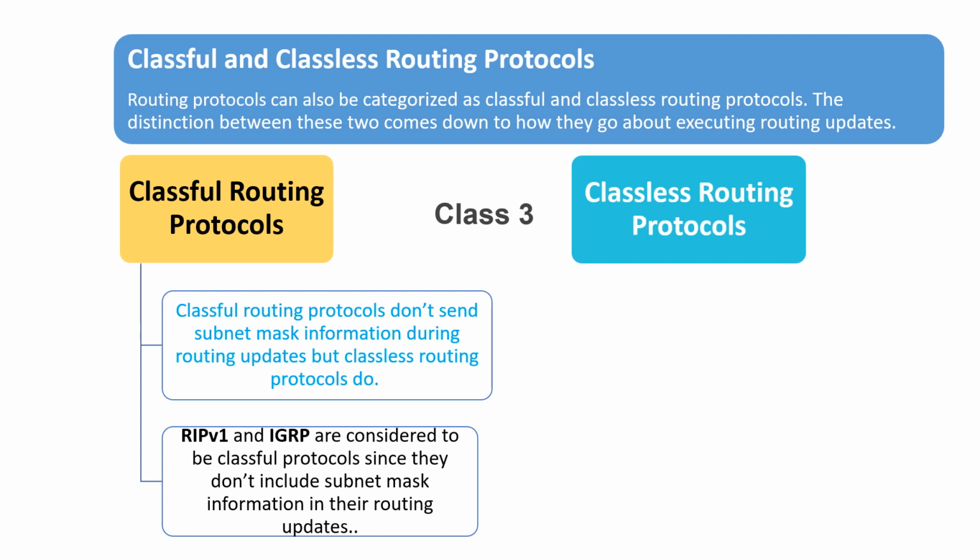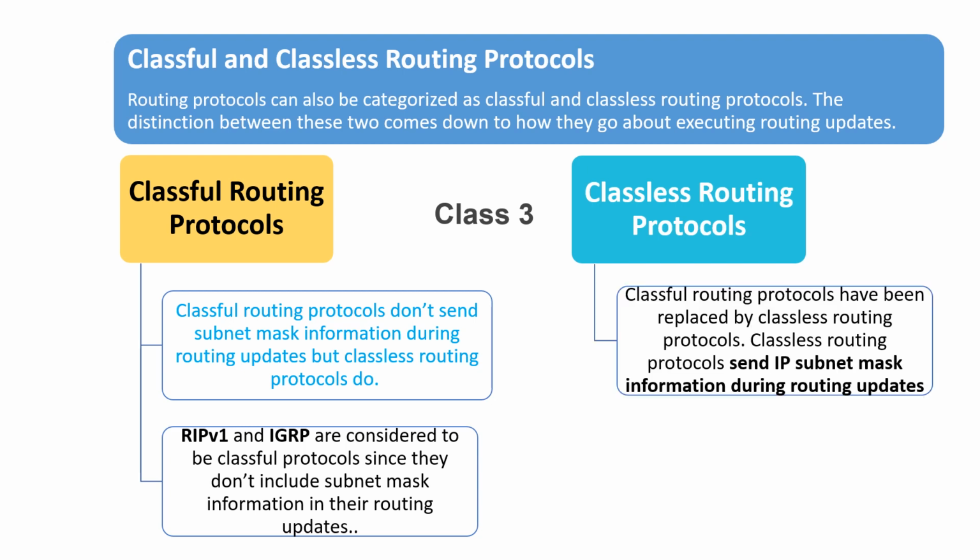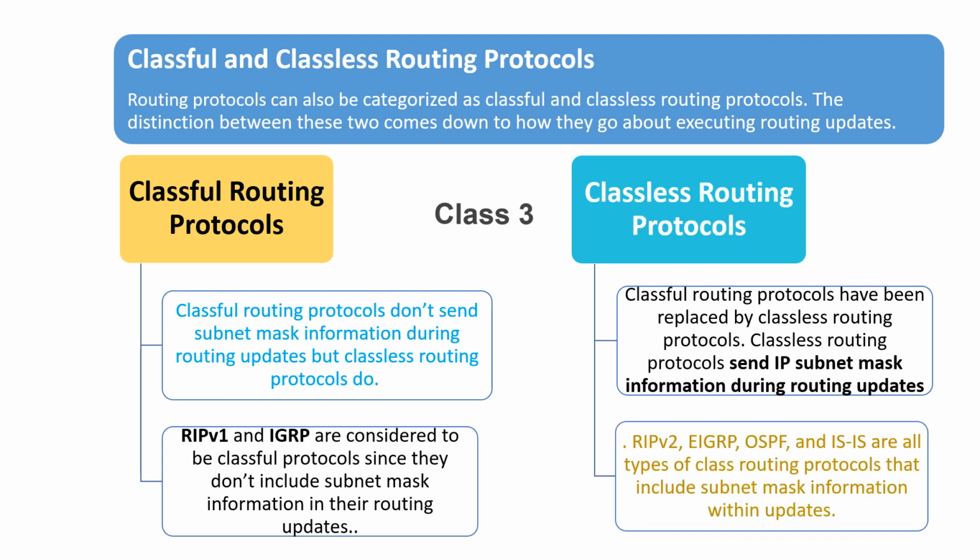And RIP version 1 and IGRP are the protocols considered to be classful protocols, since they don't include subnet mask information in their routing updates. Coming to the classless routing protocols, they send the IP subnet mask information during the routing updates.